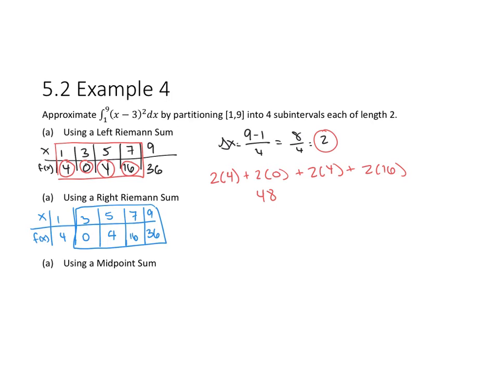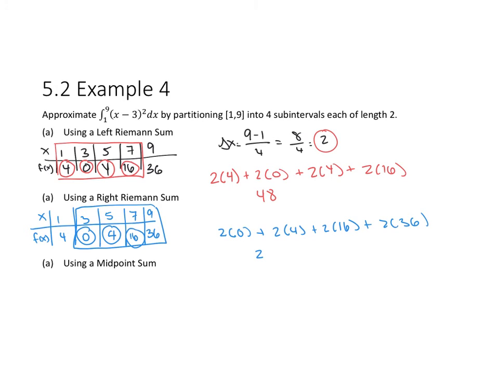My rectangle from 1 to 3 has a width of 2 and a height of 0. From 3 to 5, I have a width of 2 and a height of 4, because again, I'm using the right-hand point. From 5 to 7, I have a width of 2 and a height of 16, and then from 7 to 9, I have a width of 2 and a height of 36.